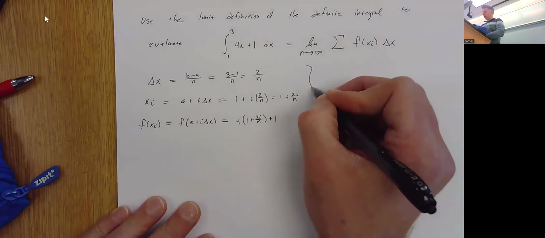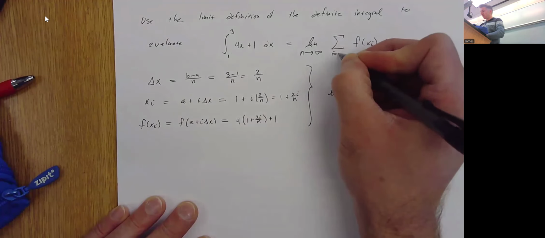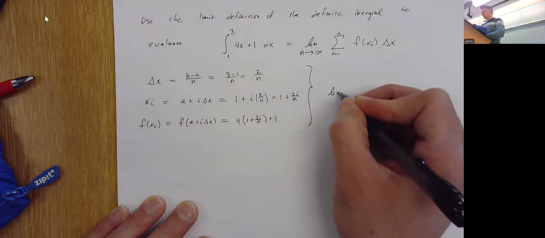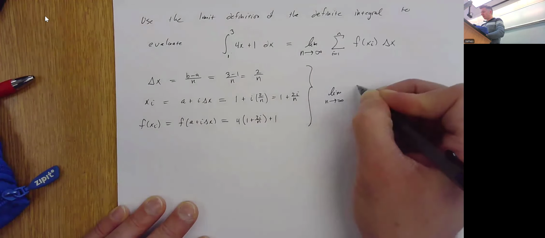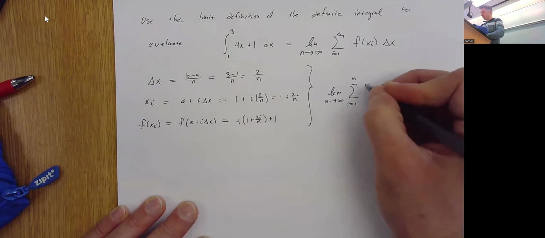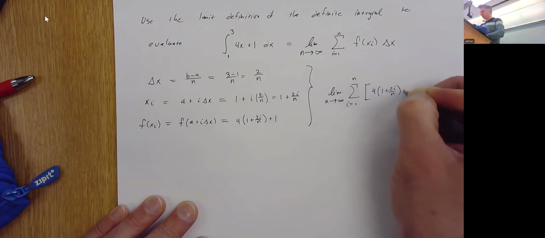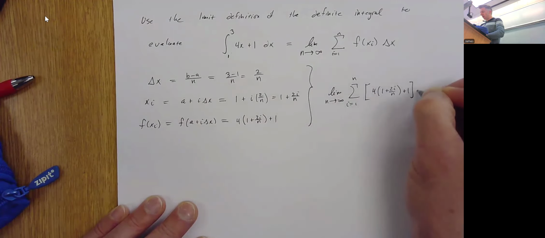Putting all that together, that means we're going to be calculating the limit. Oh, I forgot my i equals 1 to n here, sorry. My limit as n goes to infinity of the sum from i equals 1 to n of 4 times 1 plus 2i over n, plus 1, multiplied by 2 over n.